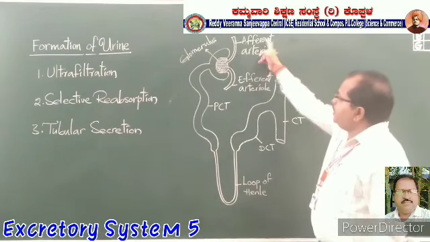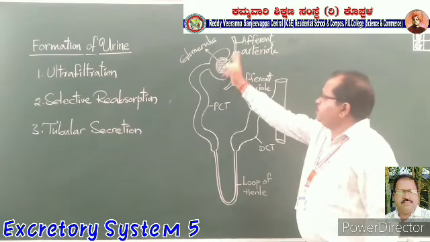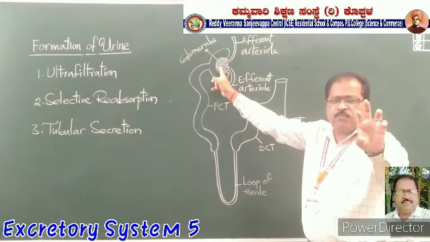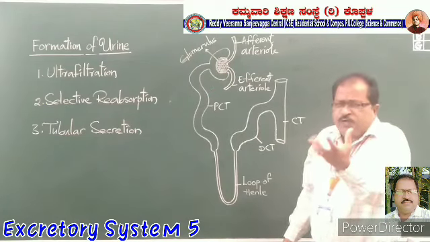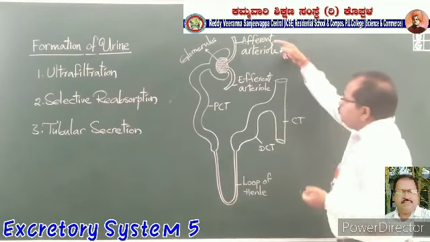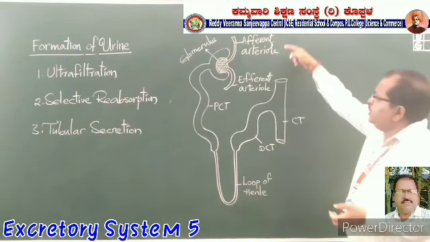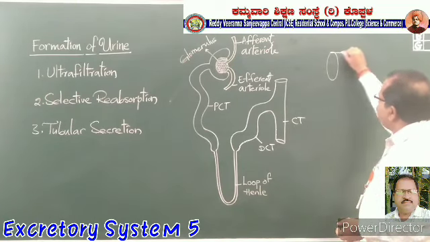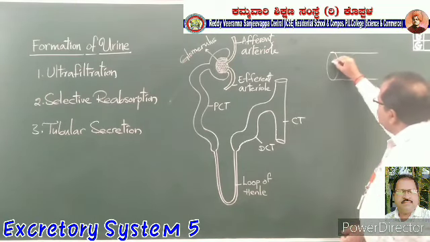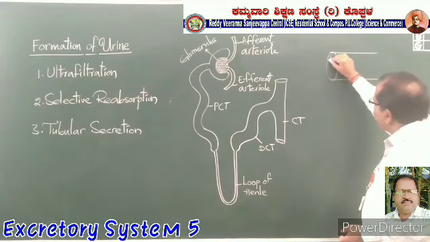That network of blood vessels is called the glomerulus. So the blood brought by the afferent arteriole enters the Bowman's capsule, and here the blood is filtered. If you take the afferent arteriole, the inner portion, the lumen, is very much wider.